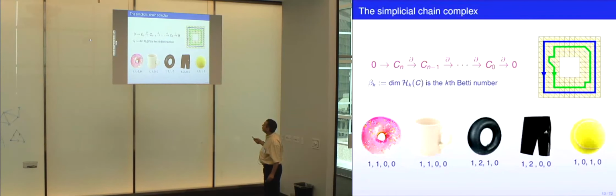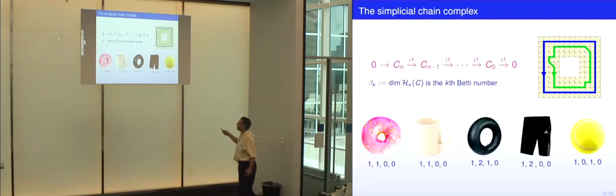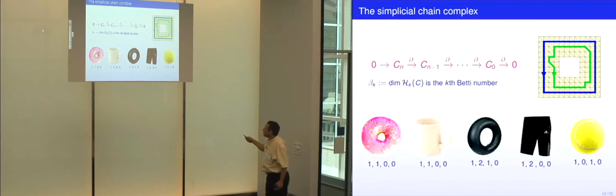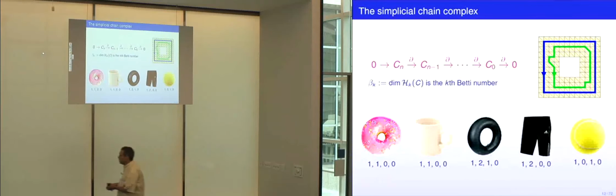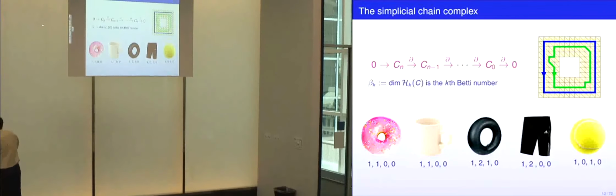Let's take the 0th Betti number. That's the set of points, and since the next thing down is 0, every point is a cycle. So everything is a cycle, and the 0th Betti number is how many non-equivalent cycles you have.